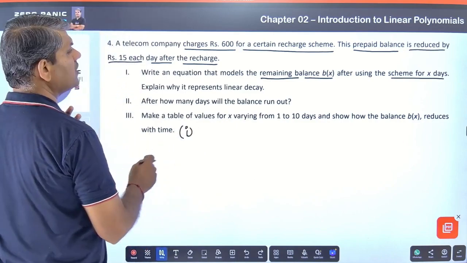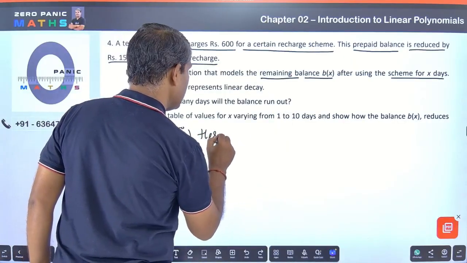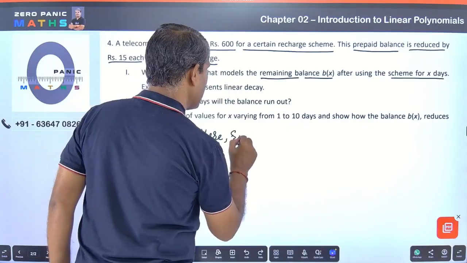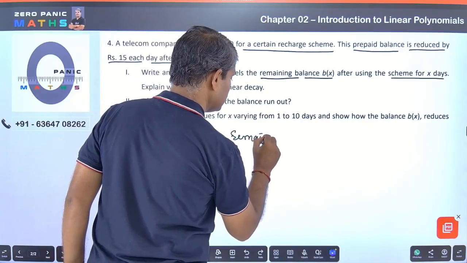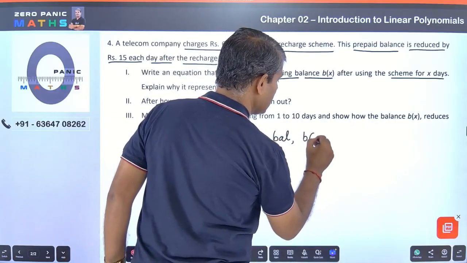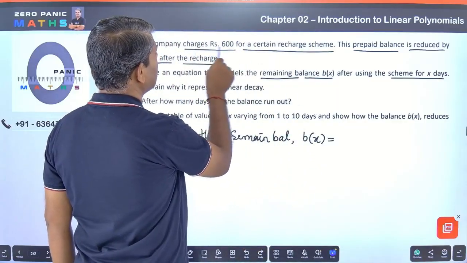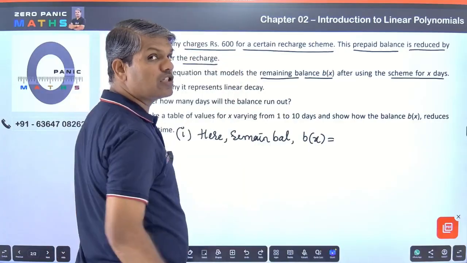The first question is the remaining balance. So here we can say that the remaining balance b of x is equal to, see what they are saying here is there was a recharge of 600.